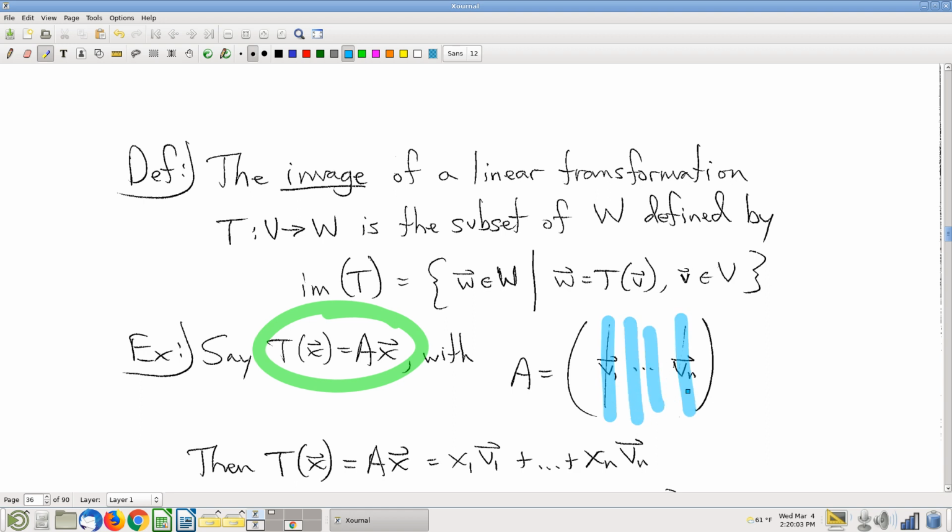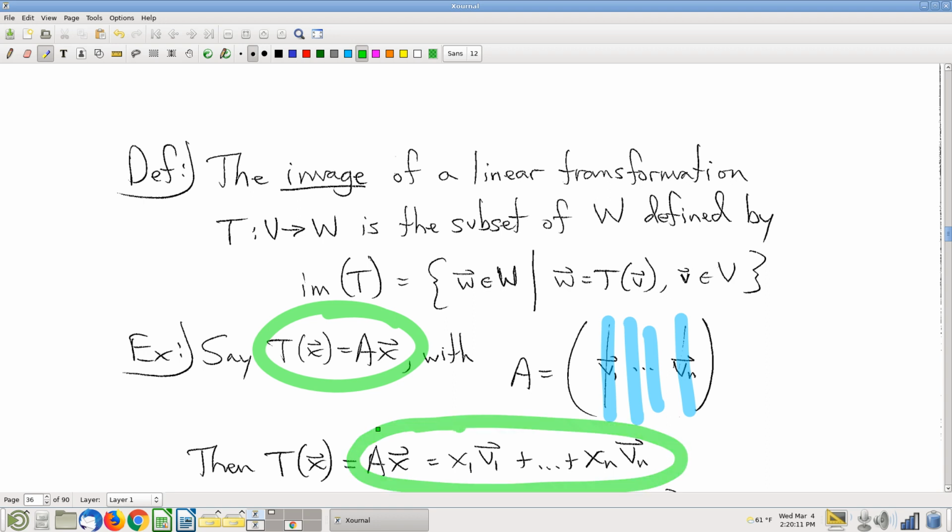And don't forget, when you apply this transformation, let me say that differently. When you multiply a matrix times a vector, what you're doing is you're taking a linear combination of those column vectors. All right, so let me leave that like that. The values of this function are always linear combinations of the column vectors.